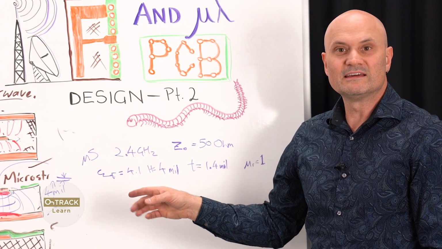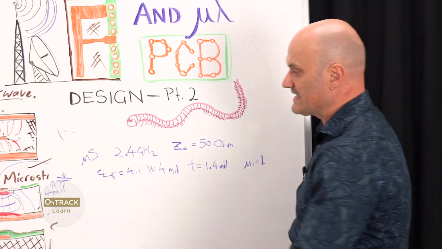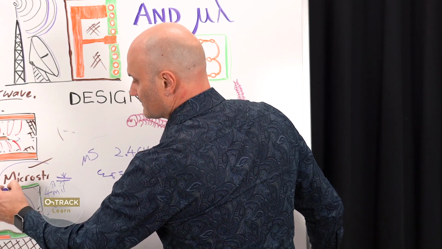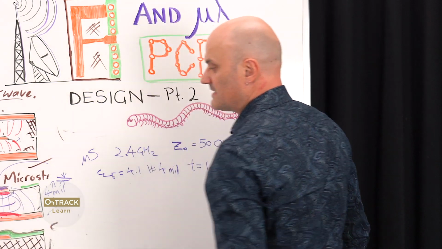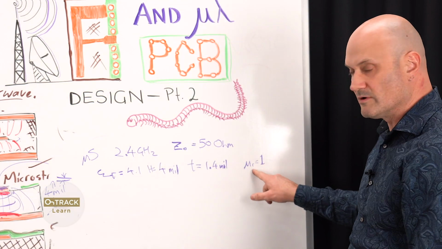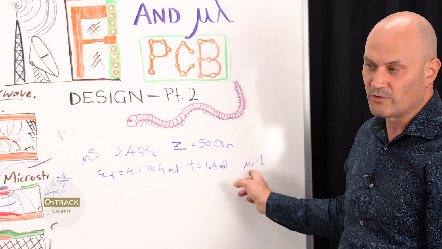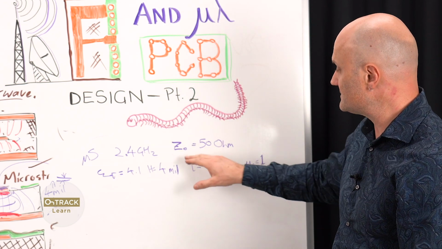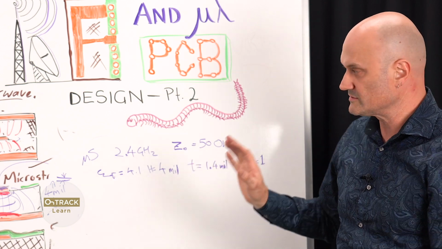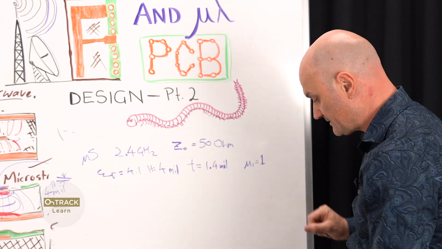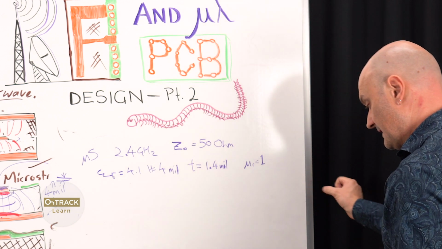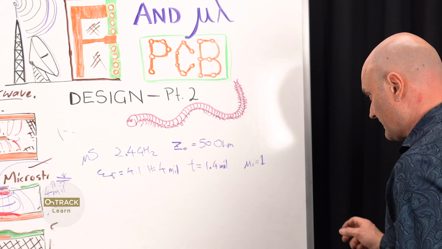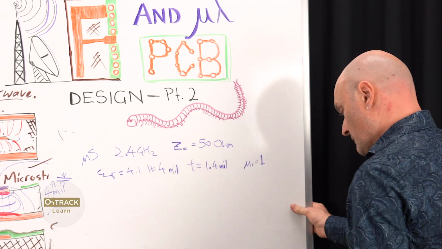Don't use ENIG if you're doing microwave, because even a tiny thin plating thickness of nickel on that will increase your mu r of the conductor trace, and it will throw your losses and your transmission line Z0 calculations way off, because nickel is quite a magnetic metal. So don't use nickel unless you're taking it into account and you can measure things and make sure you're correct. Okay, so what else do we have here?